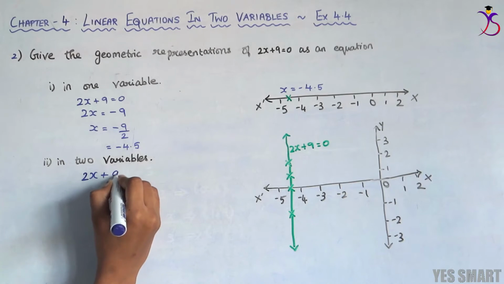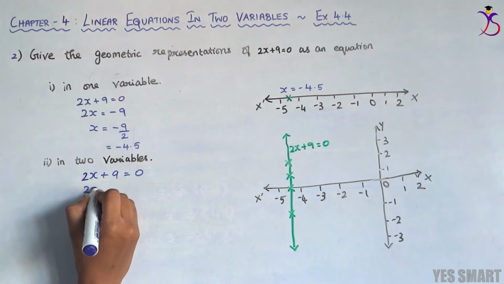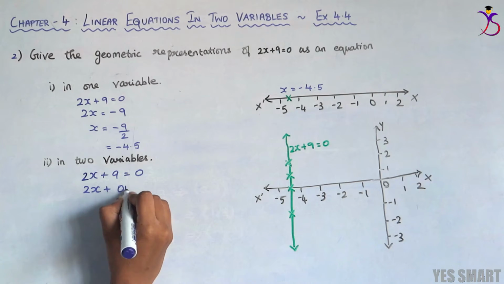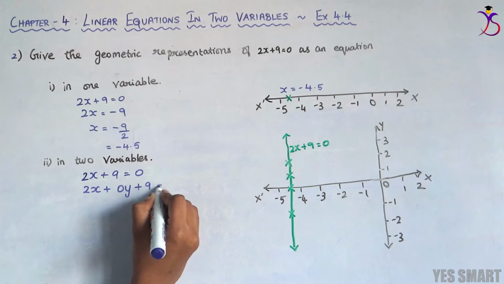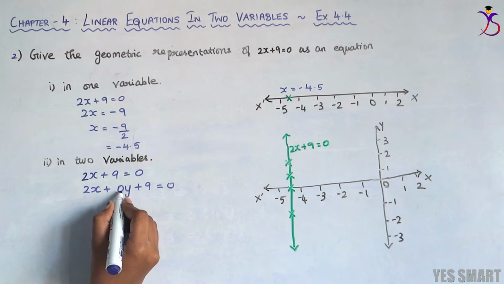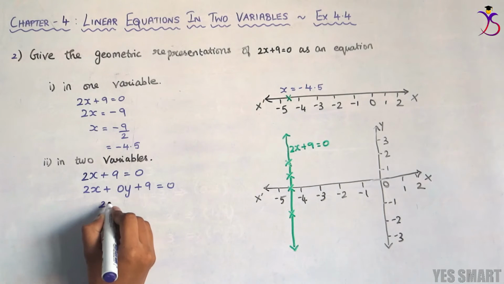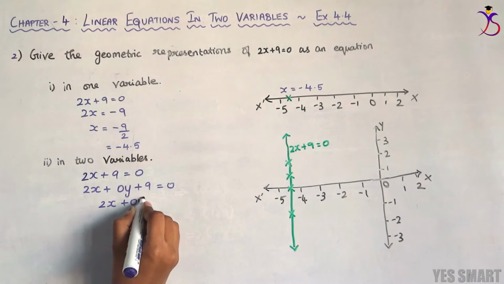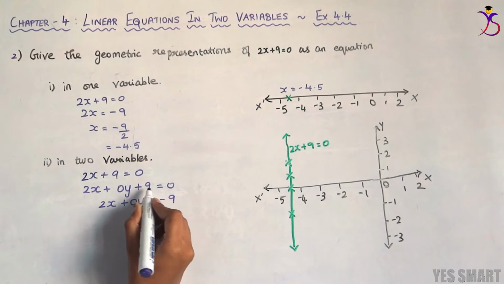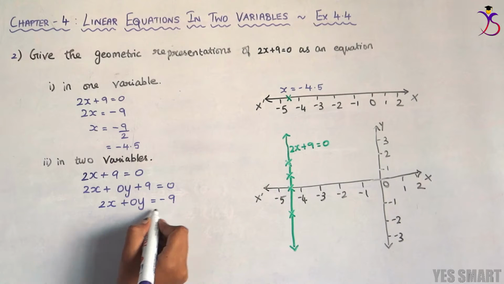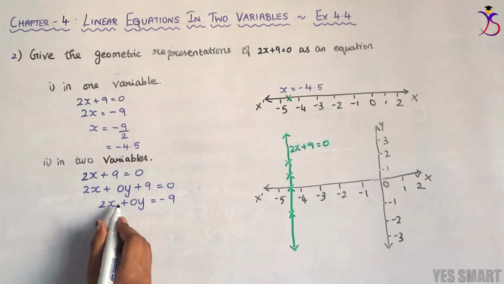Let's introduce y with coefficient 0 now: 2x plus 0y plus 9 equal to 0, so that whatever value of y we substitute, the term becomes 0, leaving the equation unchanged. When this plus 9 is transposed to the right hand side, it becomes minus 9. Therefore the equation becomes 2x plus 0y equal to minus 9.